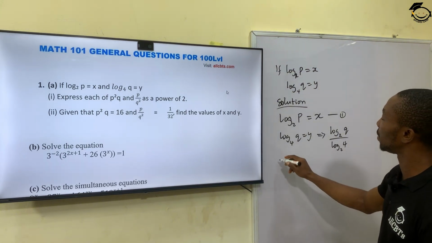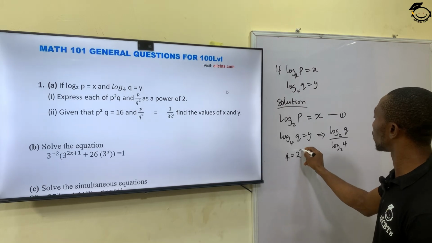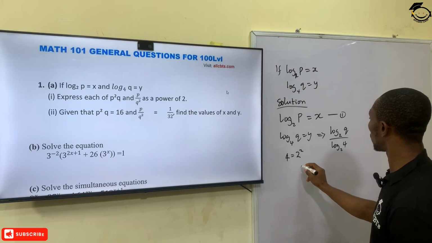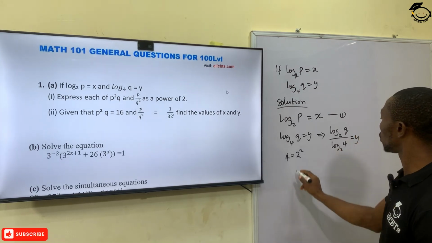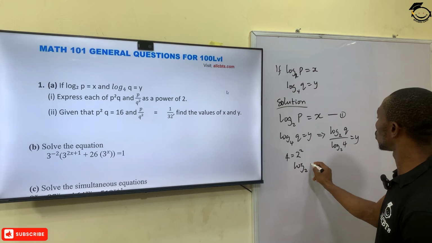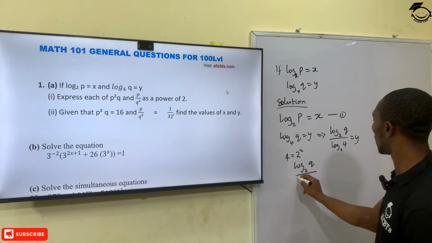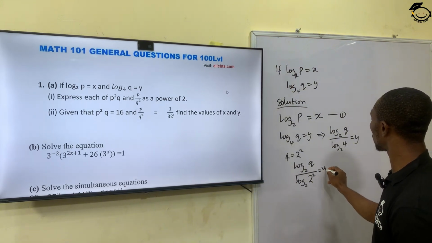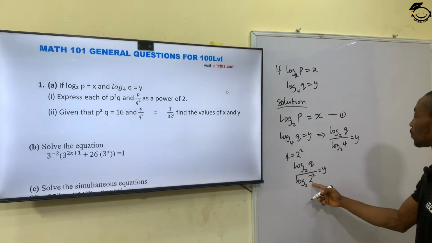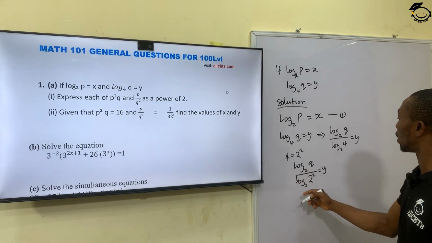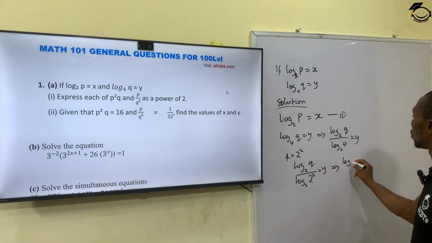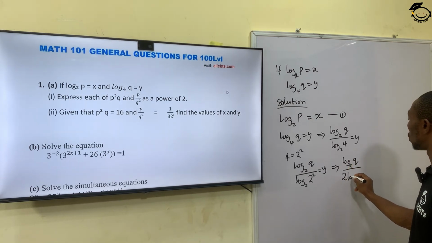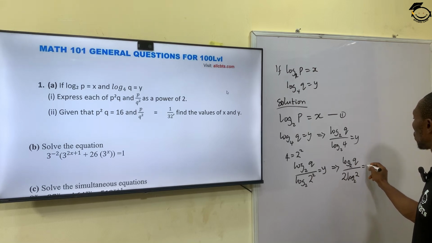Now, bearing in mind that 4 is 2 raised to the power 2, we'll apply that here. This gives log₂q all over log₂ 2 squared equals y. From here, we can bring the power down to give us log₂q all over 2 log₂2 equals y.